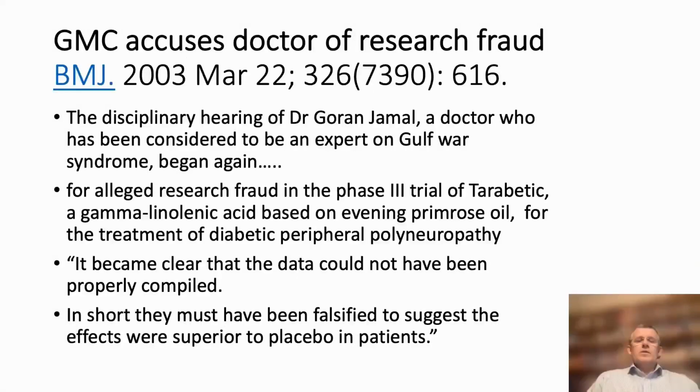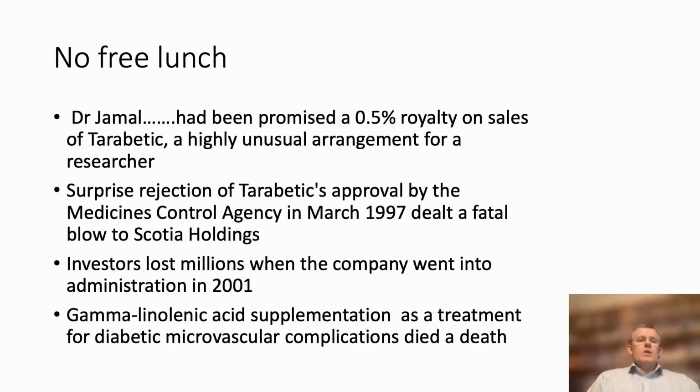Well, it appears that the doctor conducting the original research on diabetic peripheral neuropathy wasn't particularly honest. He essentially made up all his results and ended up in front of the GMC. Unusually for a clinical trial, he'd actually been promised a percentage of the royalty on sales of the drug.